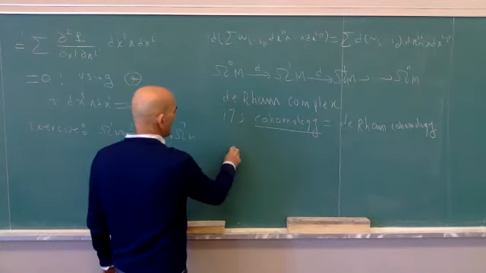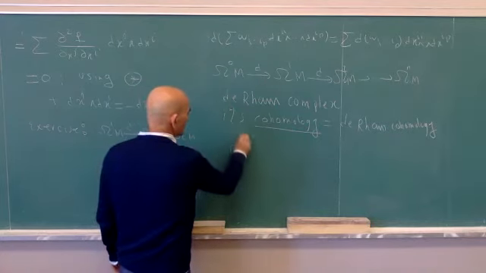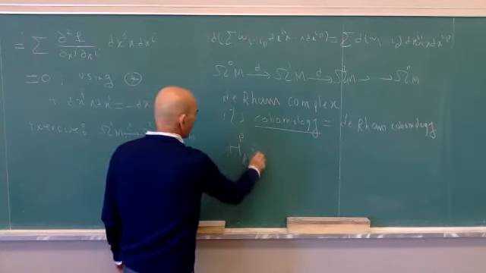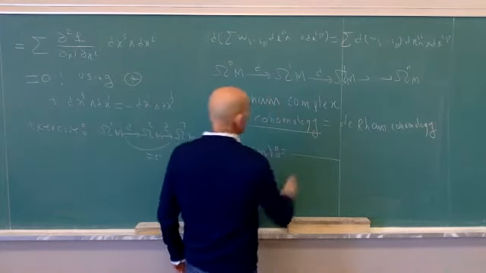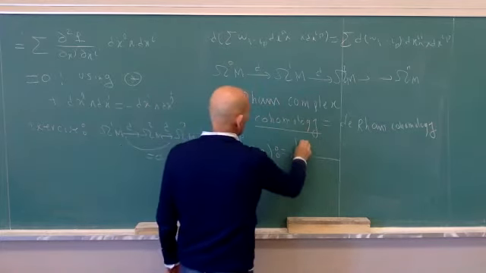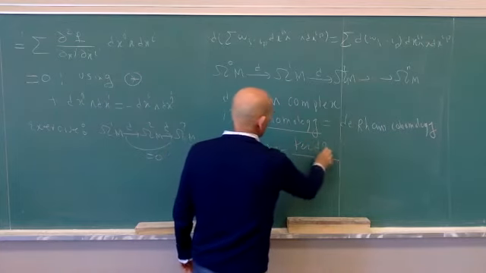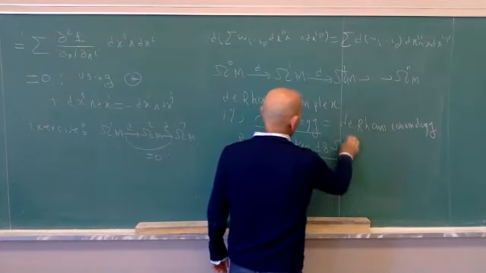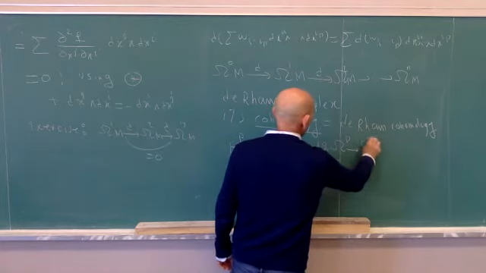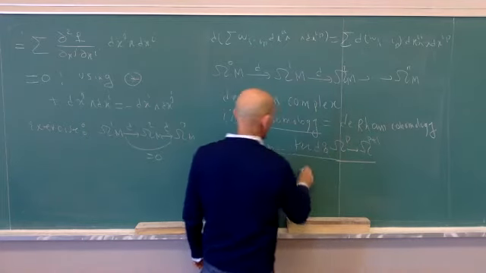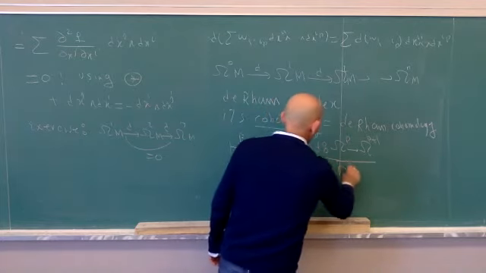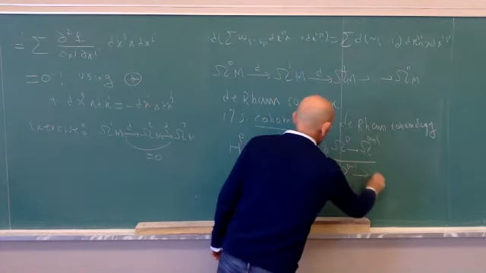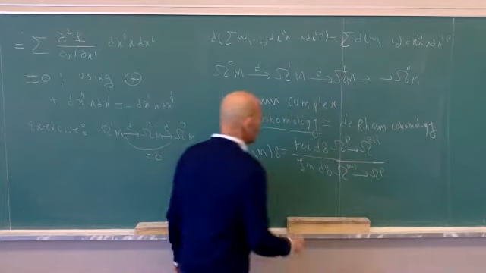Let me denote H^p de Rham of M. By definition, it is equal to the kernel of d from Omega^p to Omega^(p+1), divided by the image of d from Omega^(p-1) to Omega^p.